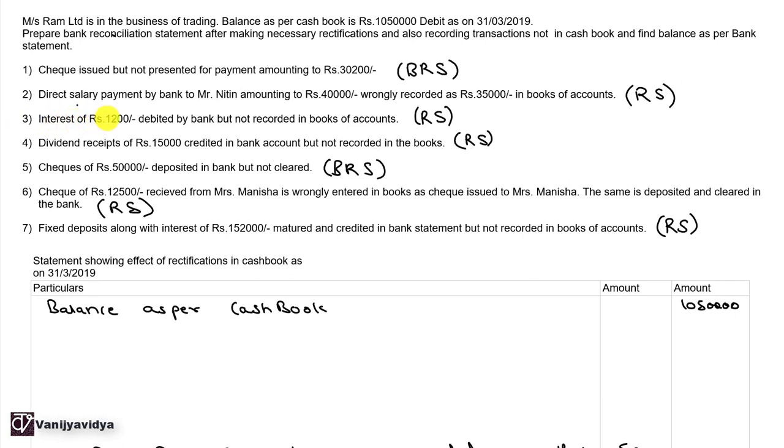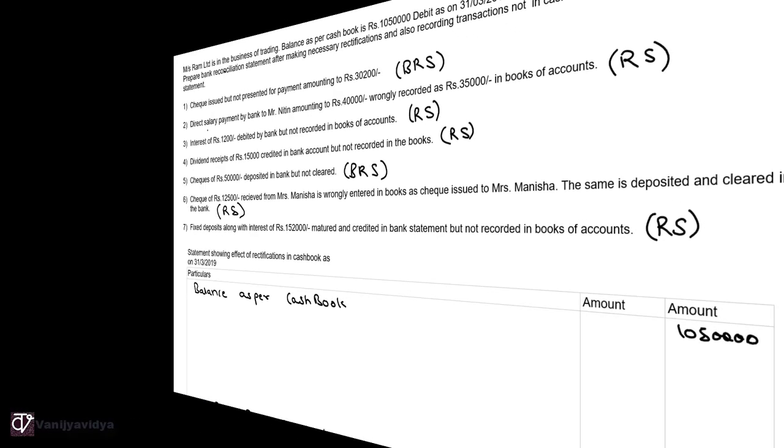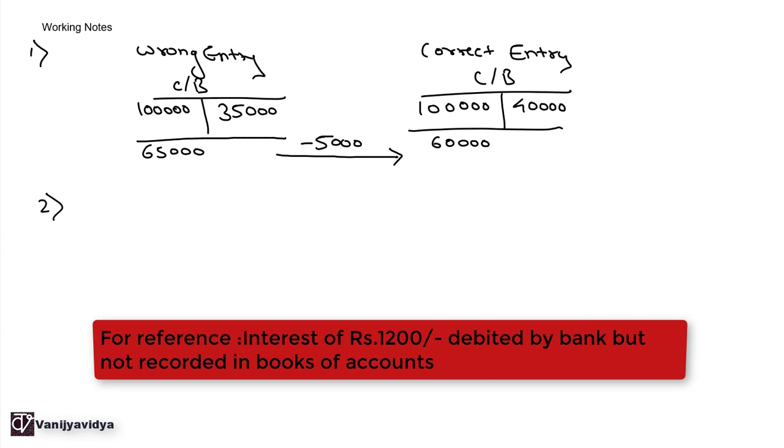Third, interest of rupees 1200 debited by bank but not recorded in the books of accounts. Again, this will be part of a rectification statement. So let's prepare a working note for this. Second, so again here we are writing a wrong entry in the cash book and here we are writing a correct entry in the cash book.